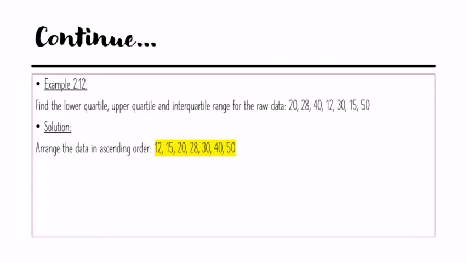So it will become 12, 15, 20, 28, 30, 40, and 50. And then you calculate the Q1. So Q1 is 1 over 4 multiplied by 7 plus 1. So you get 2. 2 is not the first quartile, 2 is the position. Look at the data: the number in position 2 is 15. So quartile 1 is 15.